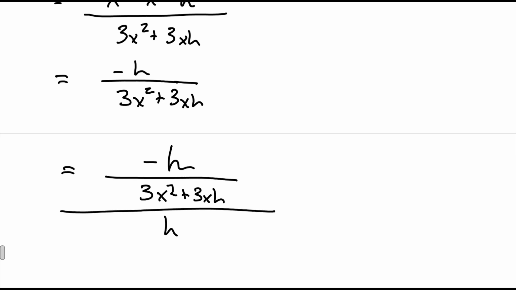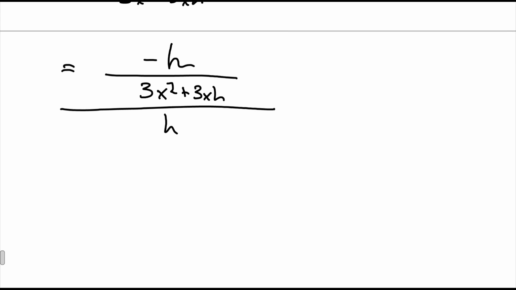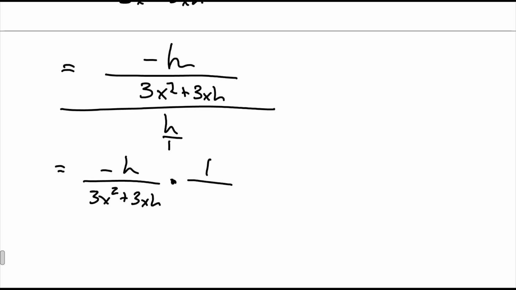Okay, we have a fraction over a fraction. Now, if you remember how to divide fractions, keep, change, flip, or you can simply multiply negative h over 3x squared plus 3xh by the reciprocal. So this is technically an h over 1. So that would be multiplied by a 1 over h.